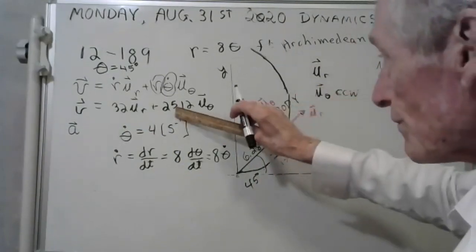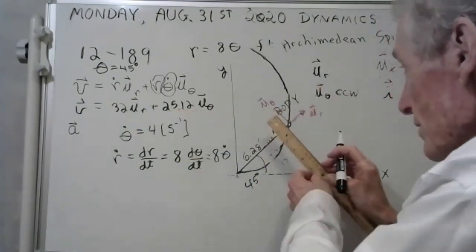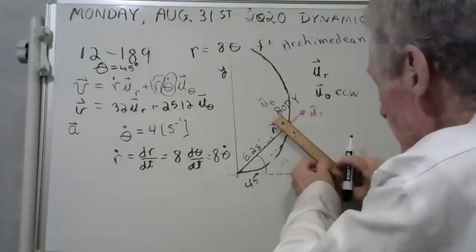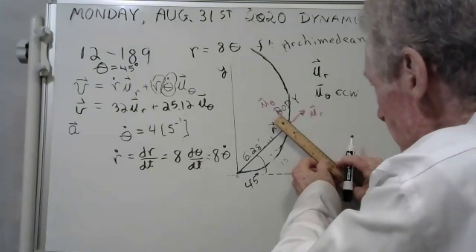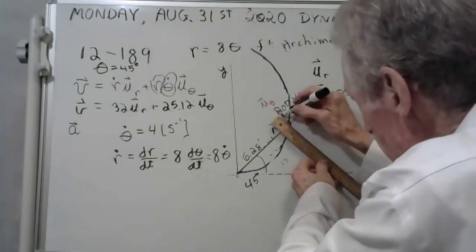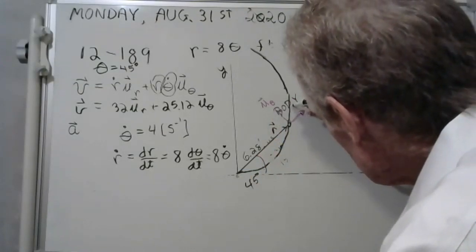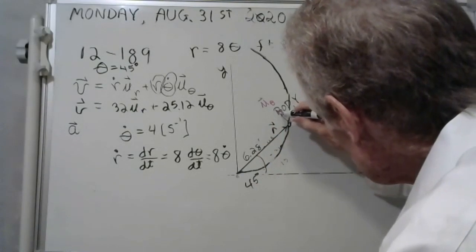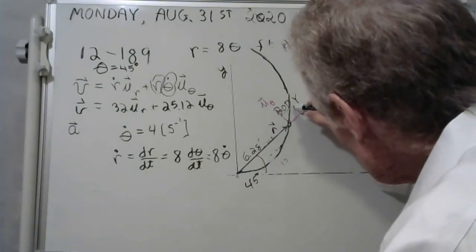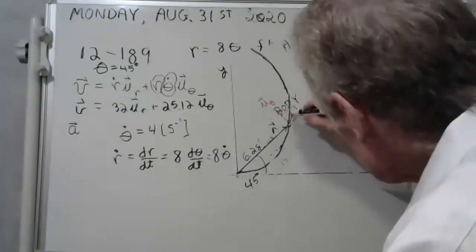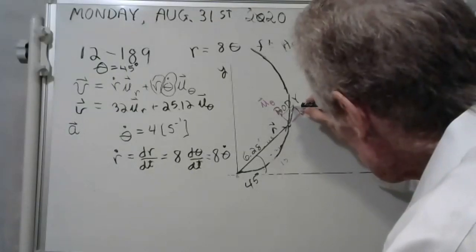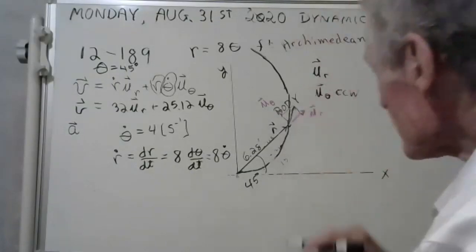And if you go 25 in the transverse direction, I'm doing it in centimeters, that's fine, 25 puts you right here. So therefore, your velocity vector should be just like that.